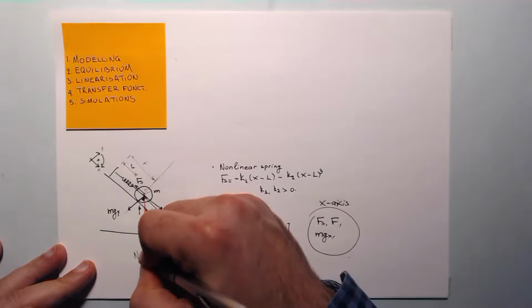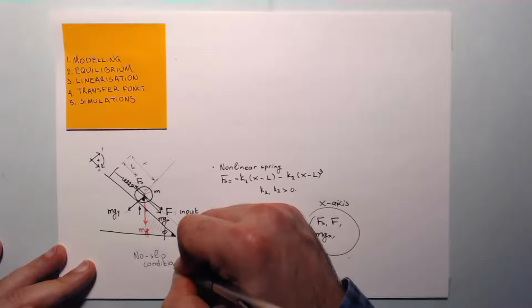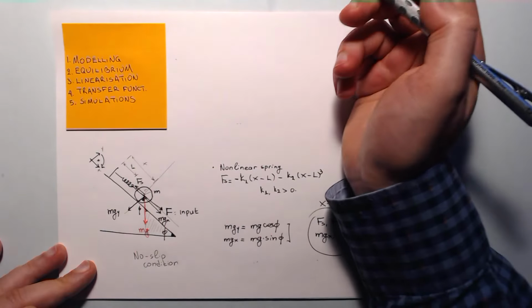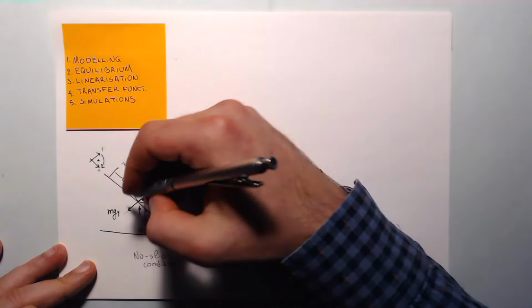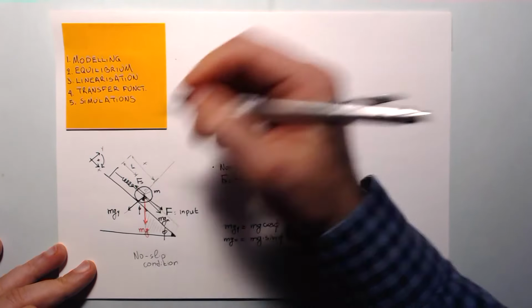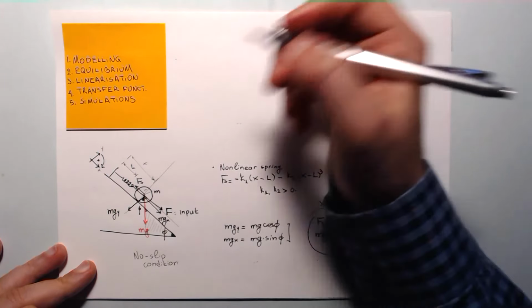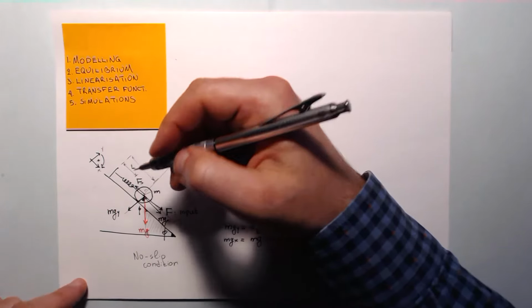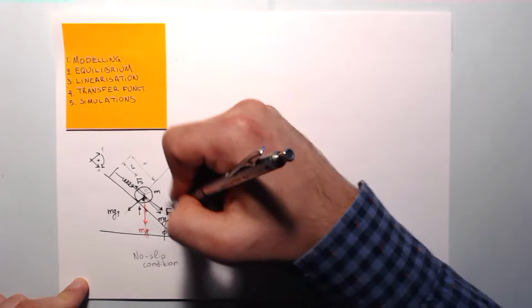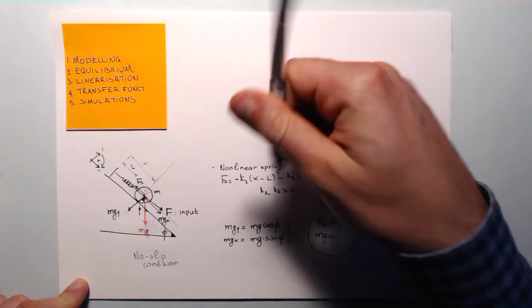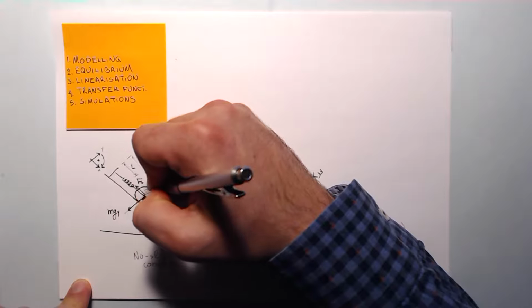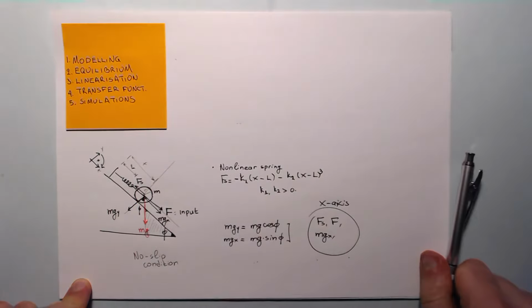We have a no slip condition, meaning these surfaces here can develop adequate friction so that this object will not just slip on the inclined plane. It will not slide, it will roll. For it to roll, it means that it rotates. For an object to rotate, there must be a force that makes it rotate.